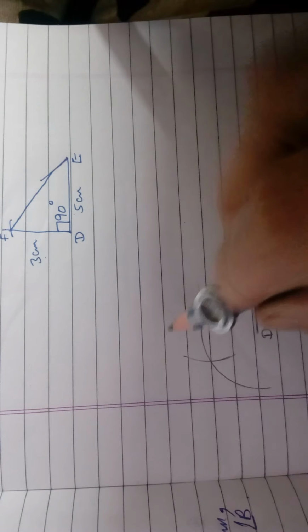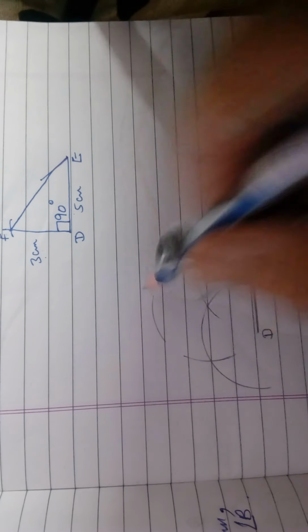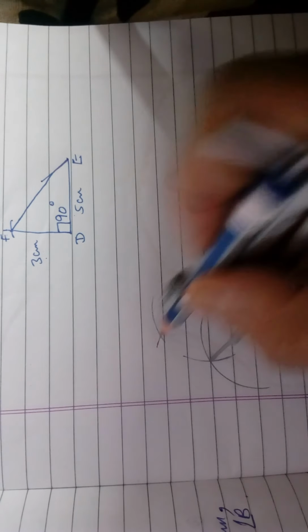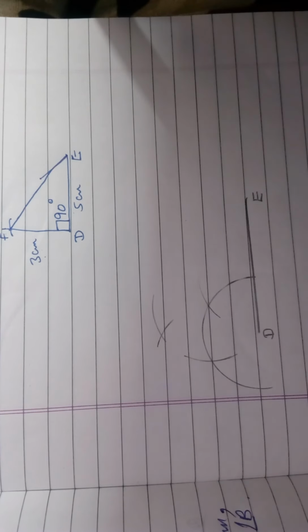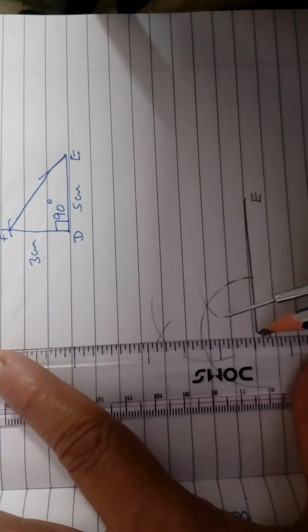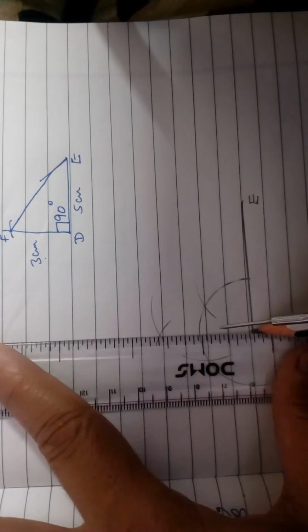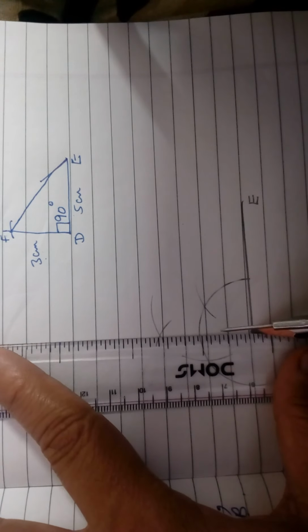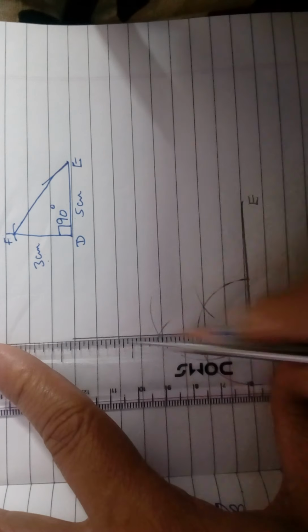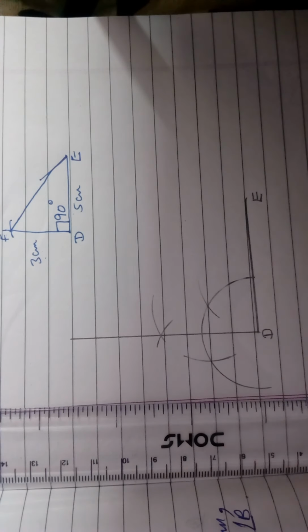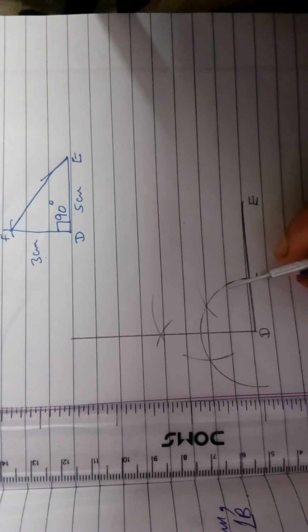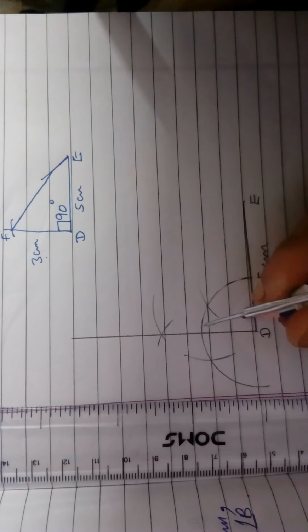And from the 60 and 120, wherever the two arcs intersect, this angle will be 90 degrees. Through the intersection of the two arcs, you will get the angle of 90 degrees. Write measurements also side by side.